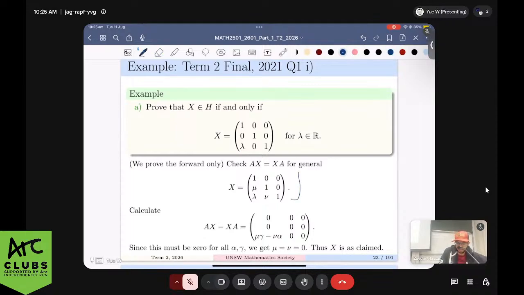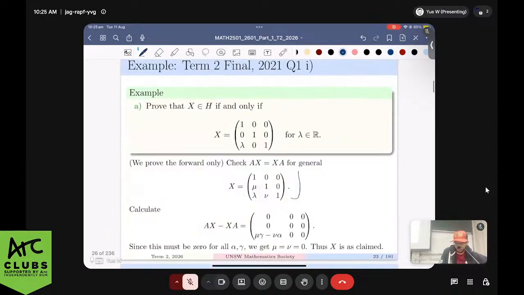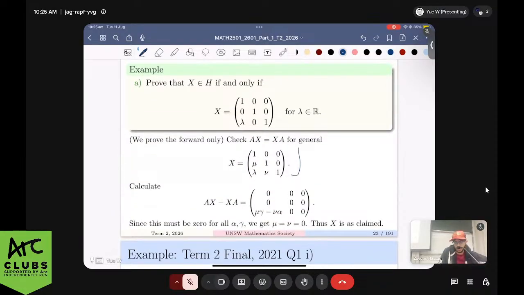This is just essentially replacing alpha, beta, gamma. We're just using different variable names. Okay, and we'll keep A to be an arbitrary element of the set. We'll say it to be 1, 0, 0, alpha 1, 0, beta, gamma 1, I think, right?